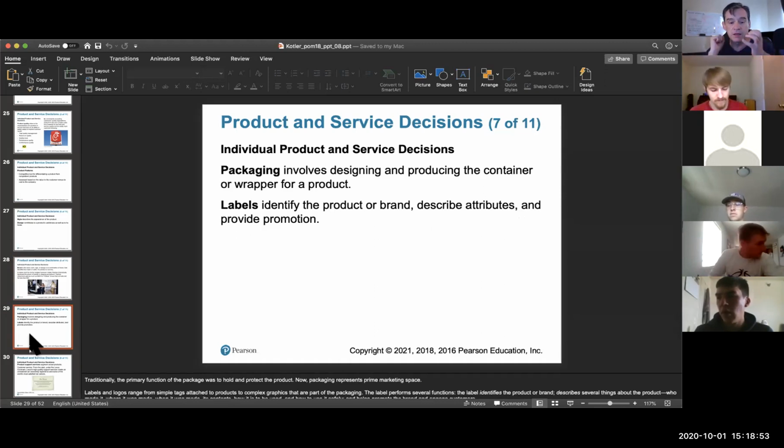Now, a brand will always have a labeling and the logos. The logos are so important that companies pay billions of dollars to develop the right logos. The people in design, you guys who are in the bachelors in design, I know the part of art is very attractive and you want to do that the rest of your life, some of you.